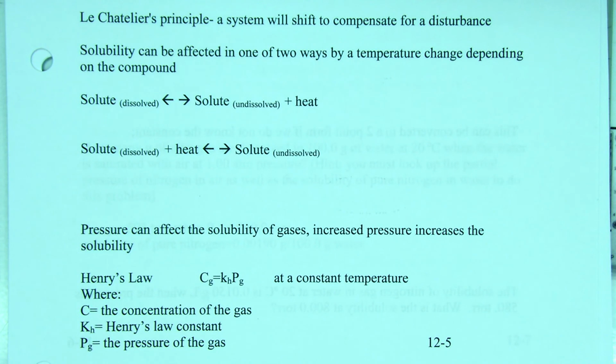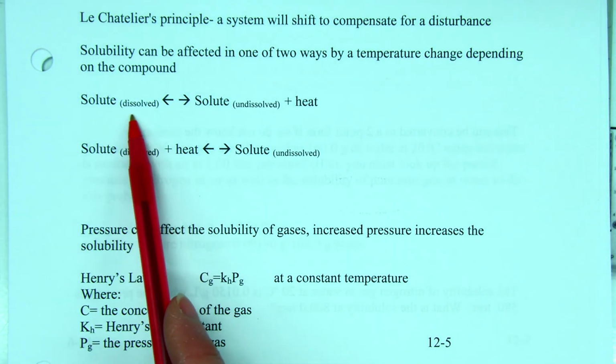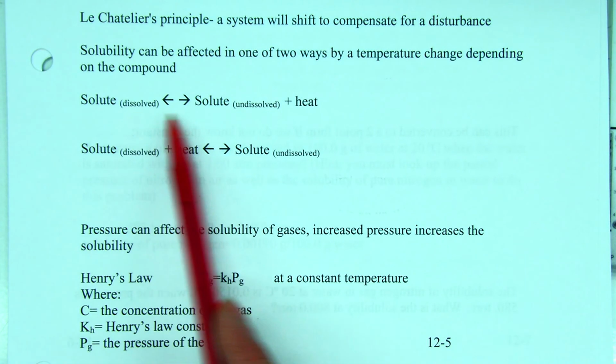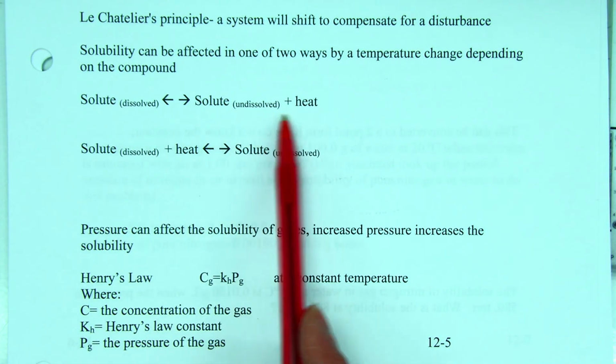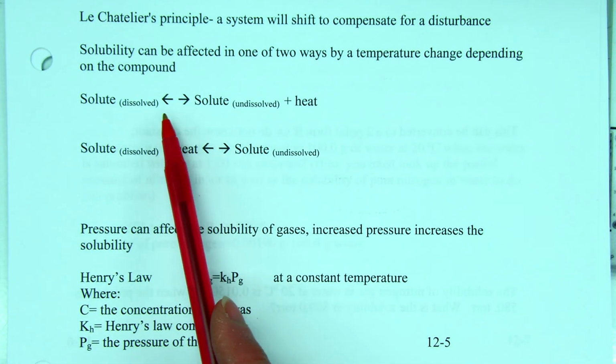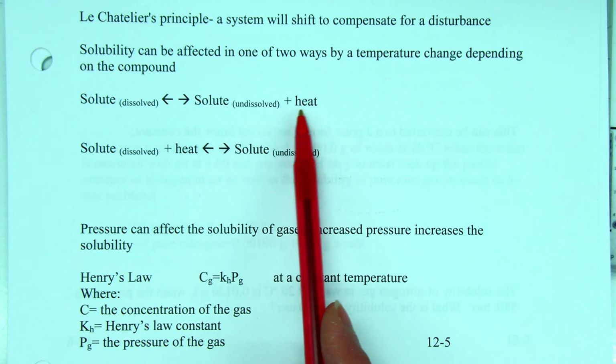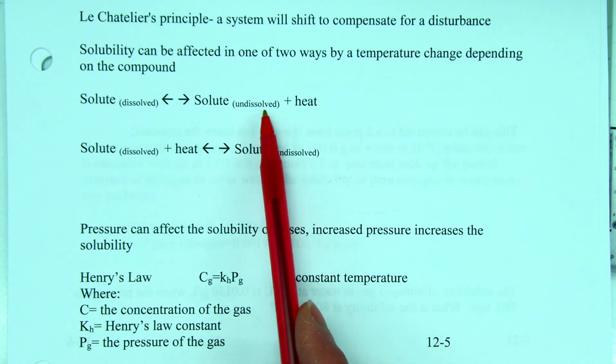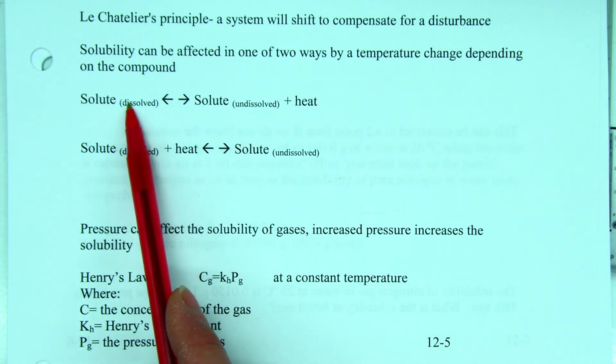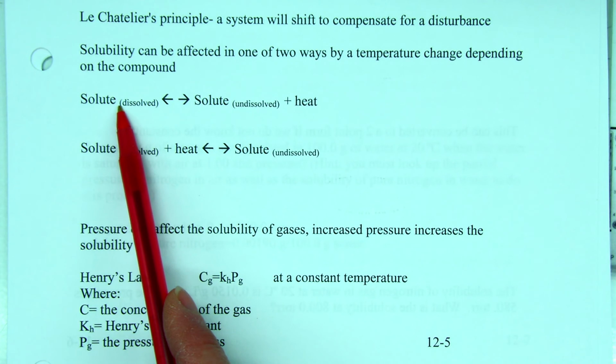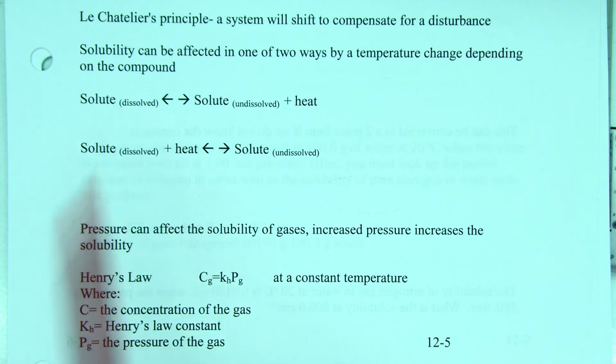But we can have two different situations for solubility. Here we have the dissolved material, and over here we have the undissolved material plus heat. So if I add heat to the undissolved material, I make more dissolved material. This is common. This is what most things are. If you add heat, it dissolves more.